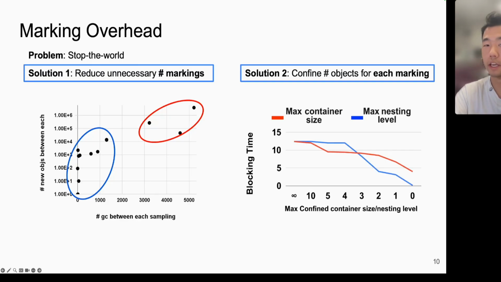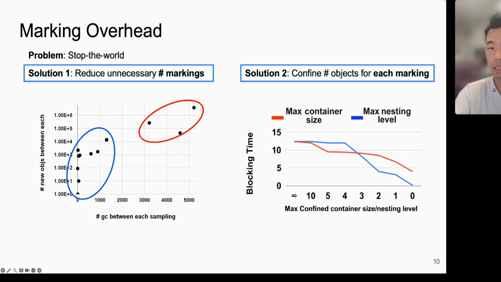The second mitigation solution is to make sure that within one marking phase, the time taken would not be unbounded. So we track the nested levels of the current container Py object being traversed, and it will stop marking immediately when either of them meets the predefined threshold.